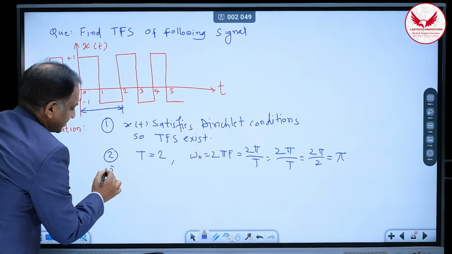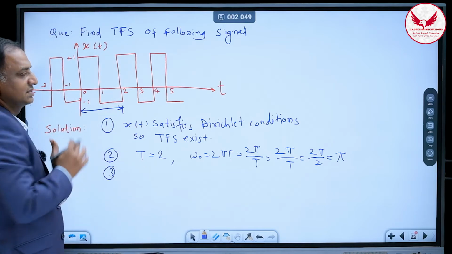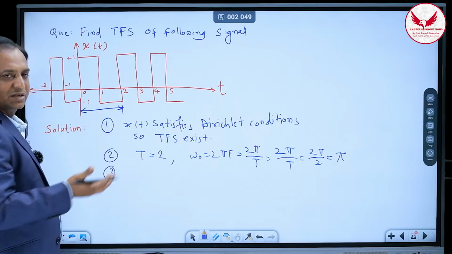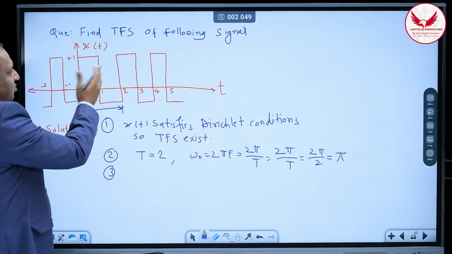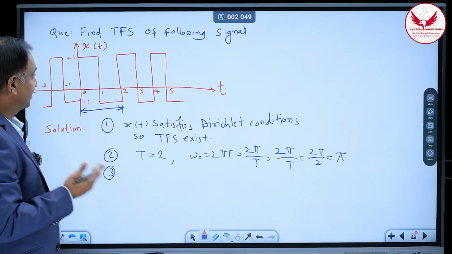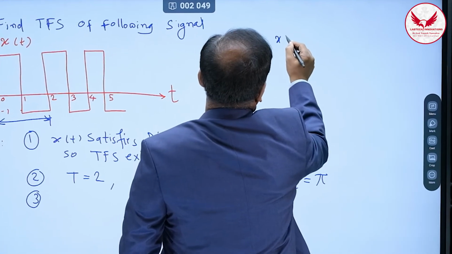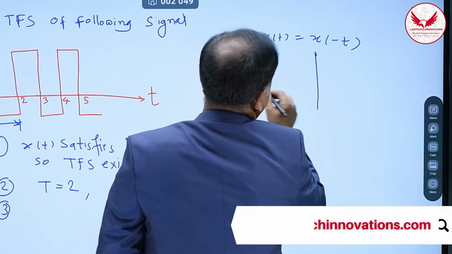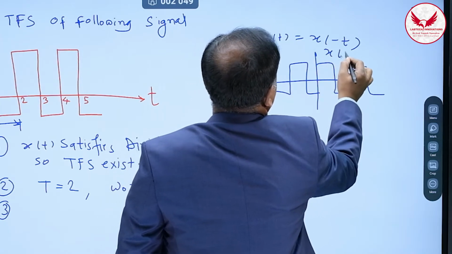Now the third step, you apply the symmetry properties. As I told you, first you check whether the signal is even or odd. The signal is said to be even when x of t is equal to x of minus t. If you fold the signal about the vertical axis, x of t and x of minus t would have to be the same.